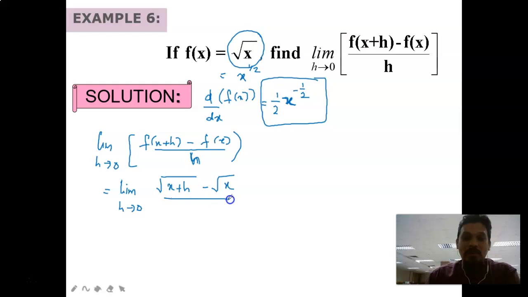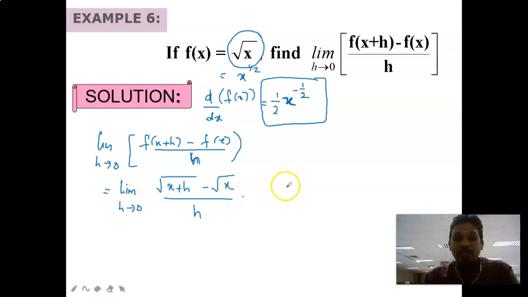and divide by h. Now if we substitute h equal to 0, then the square root of x minus the square root of x equals 0, divided by h equals 0, so 0 over 0. So avoid that.